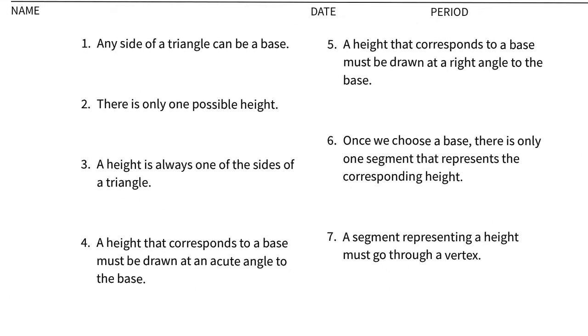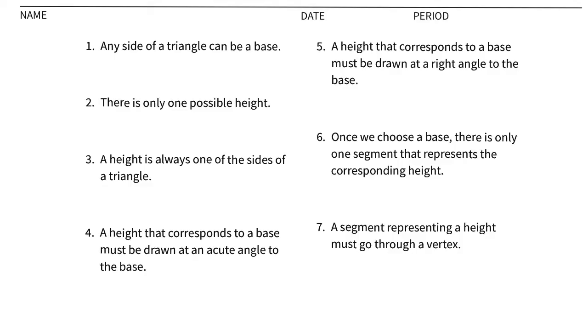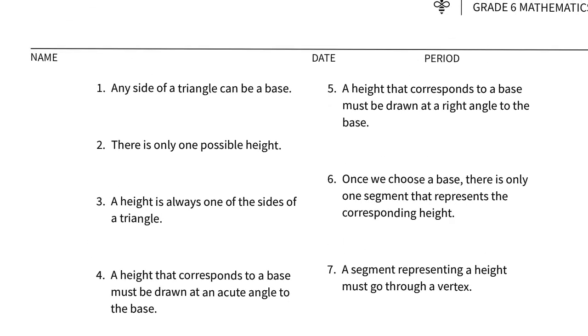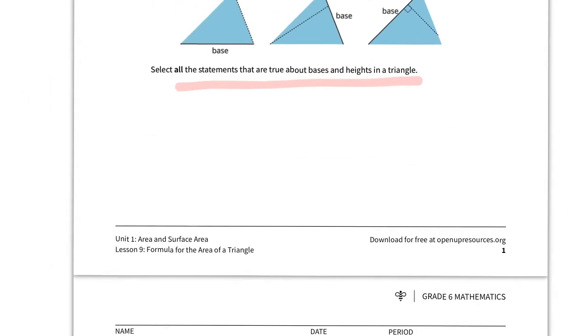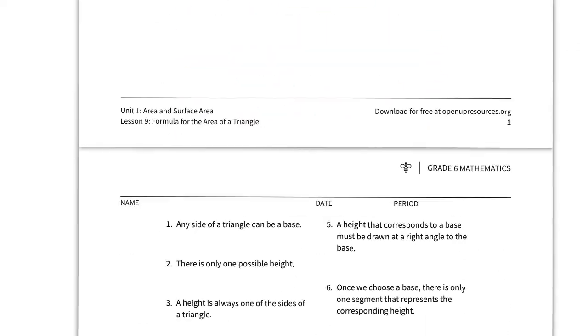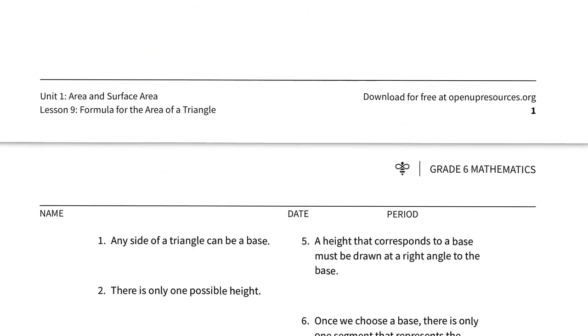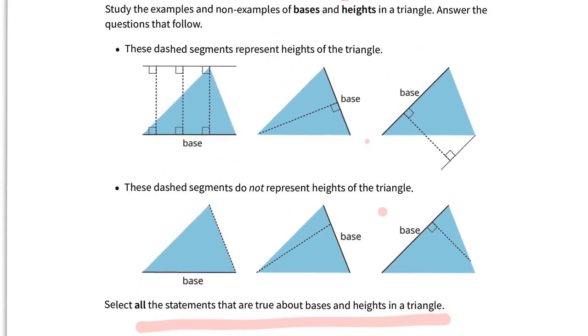So here we are. It says, number one, any side of a triangle can be a base. Well, let's go back up and look. We're going to bounce back and forth between the statements and the actual triangles because it's kind of inconvenient. If we look at our examples, we could see the base is here, the base is here, the base is here.